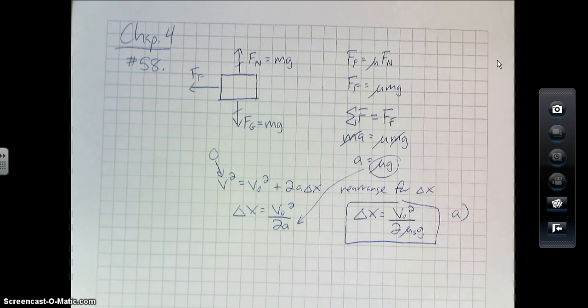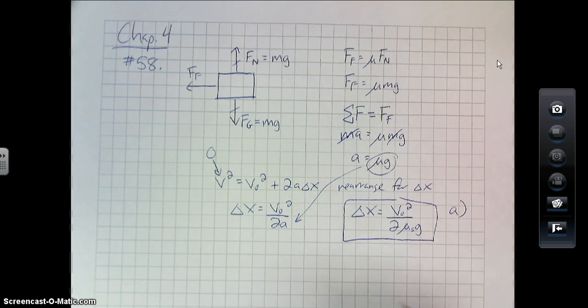Part B of the problem says what is this distance for a 1,200 kilogram car traveling at 95 kilometers an hour if mu s is 0.75.